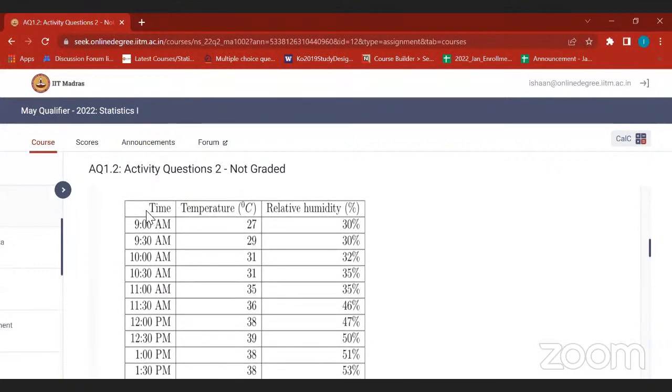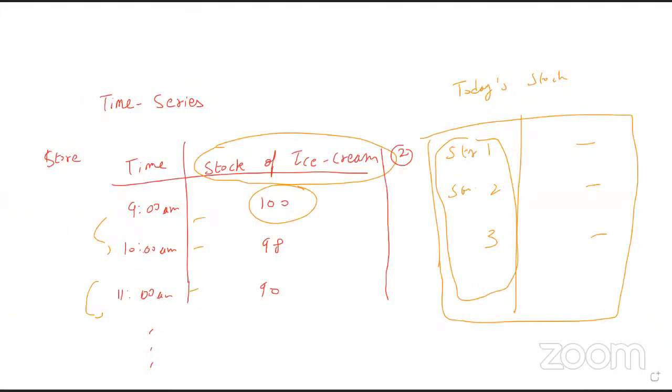So if you see, is time a case or a variable? Time is a variable. Definition: a variable is something whose values vary, right?